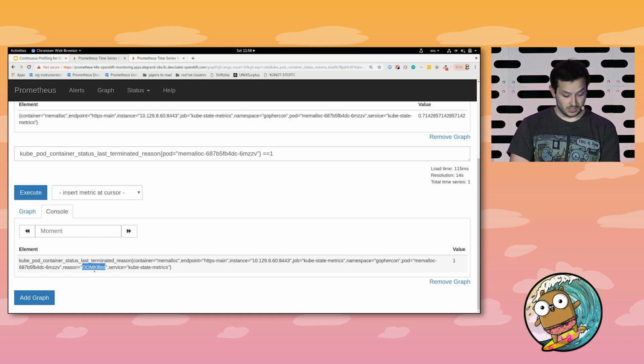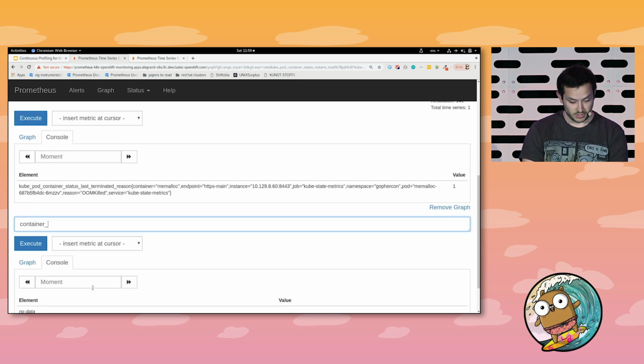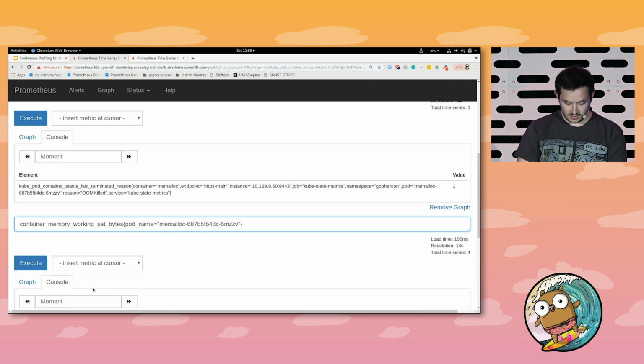When we have such a situation, we often can see a very continuous pattern of memory usage. So let's have a look at that, working set bytes. And because Kubernetes labels it this way, we can look at that as well.